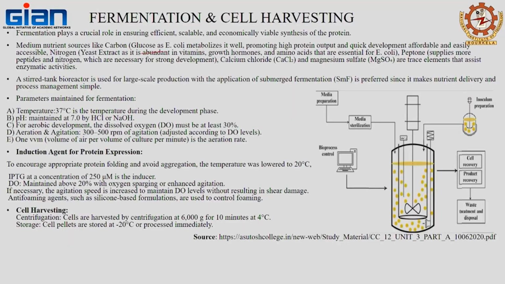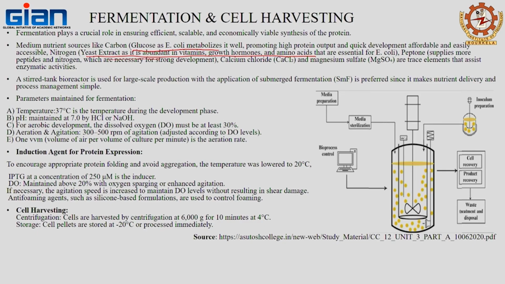For nitrogen, yeast extract is used because, according to many research studies, it is abundant in vitamins, growth factors, and amino acids, and is best suited for E. coli. Peptone is used for strong growth as a similar source of peptides and nitrogen, along with trace amounts of salts required for efficient enzyme activity, like calcium chloride and magnesium sulfate.